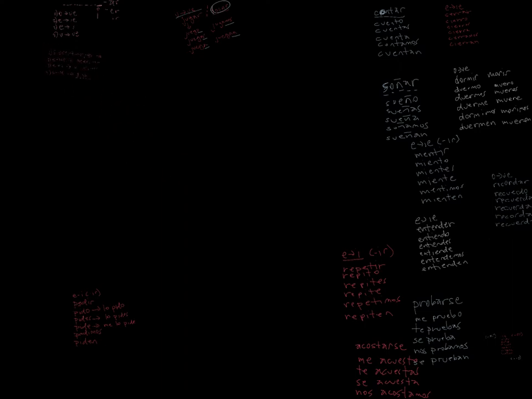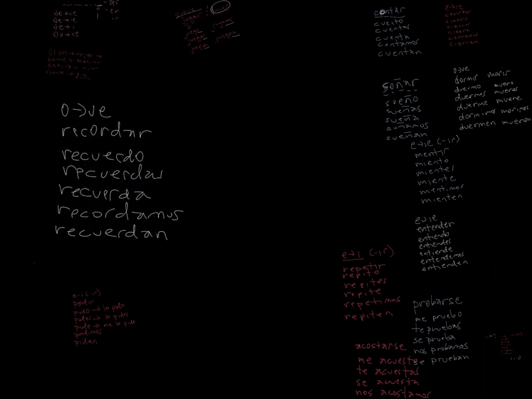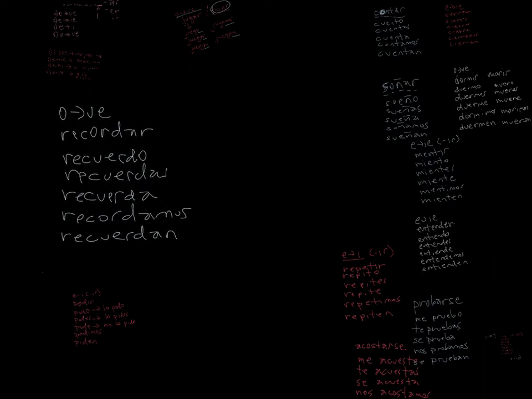So then we moved on to explain these to you with some examples. Right? And we started first with the O to UE. We started with to remember, which is recordar. En recordar, we said recuerdo, recuerdas, recuerda, recordamos, recuerdan.